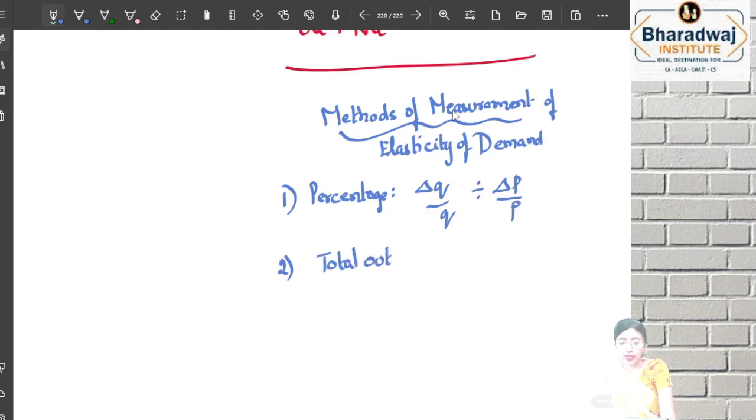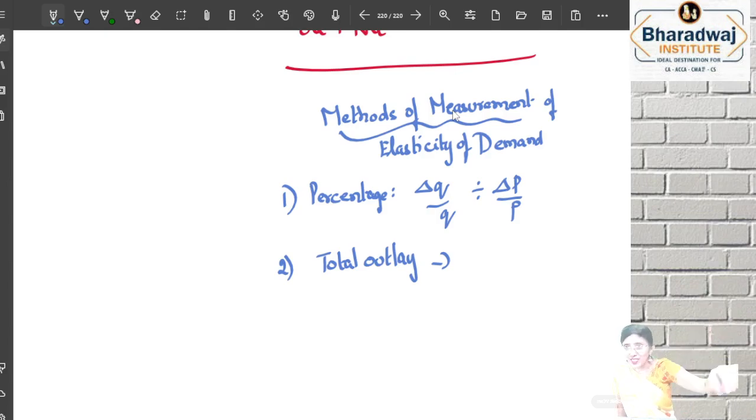Total outlay method, you know what is that? We are not going to give quantity demanded. In its place you will have total expenditure. You remember the 4 columns we did? Marshall's example columns, you remember? 4 columns we had, submarkets and all those things. Then you had the price, quantity demanded, expenditure that would be incurred for purchasing that.